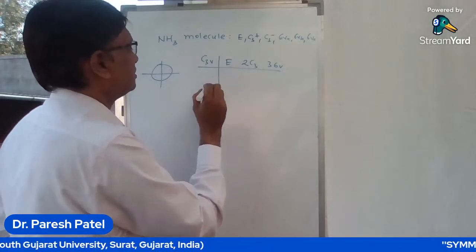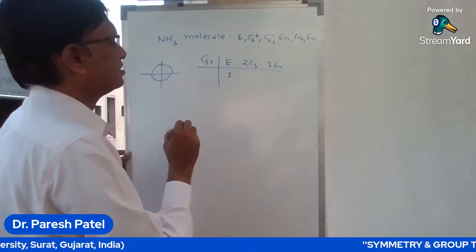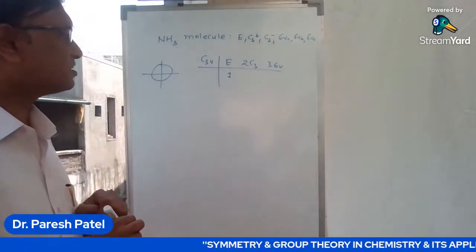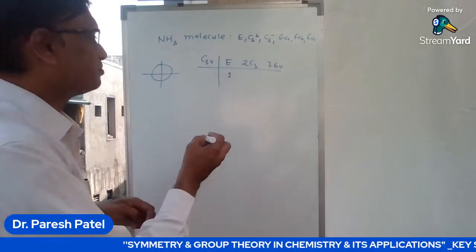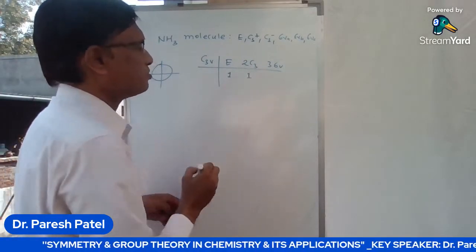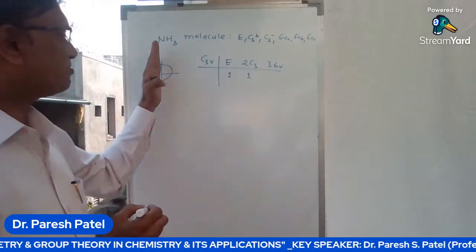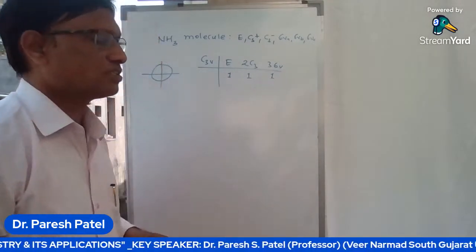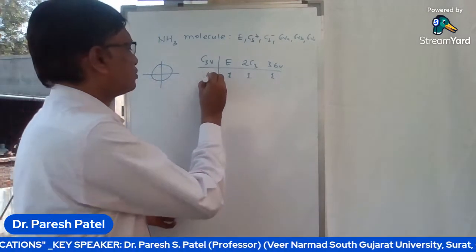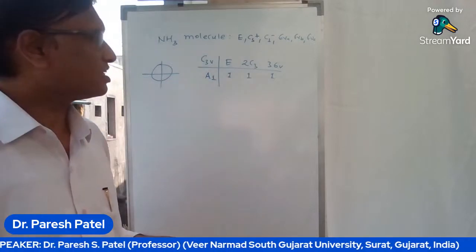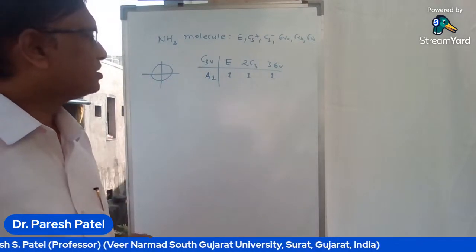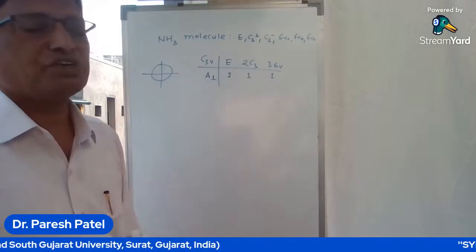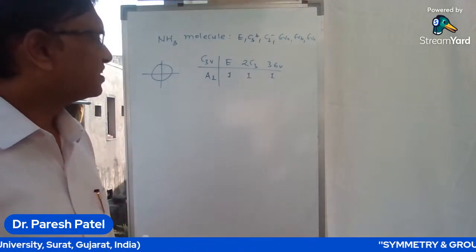It means character can be assigned as plus one. If you operate C3 plus or C3 minus, there is no change in the spherical shape of the s orbital, so character is plus one. And if you operate sigma V symmetry operation, there is no change, it means character is one. So this corresponds to the A1 irreducible representation of the C3v point group, or we can say this is the contribution of s orbital.